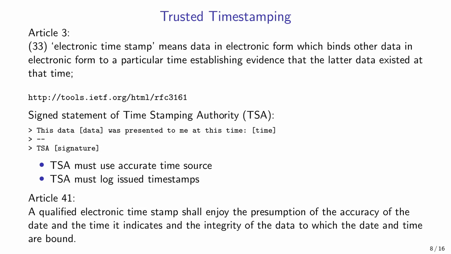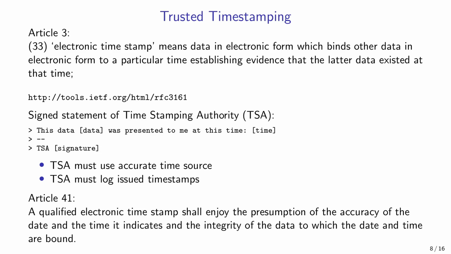Article 41 states that a qualified electronic timestamp shall enjoy the presumption of the accuracy of the date and the time it includes, and the integrity of the data to which the date and time are bound. So, if we submitted to court a qualified electronic timestamp, the court would have to presume the correctness of this statement. The burden of proof would fall on the other parties to prove the opposite.